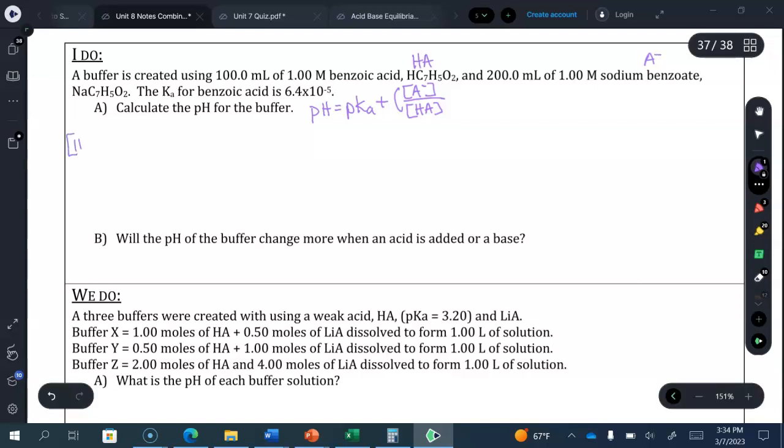So calculating the new concentration for the benzoic acid, you'll use a dilution equation. Remember that the dilution equation is M1V1 equals M2V2, and in this case, M1 is 1 molar, V1 is 100 milliliters, M2 is unknown because we need to find that, and V2 is the total volume, or the new end volume.